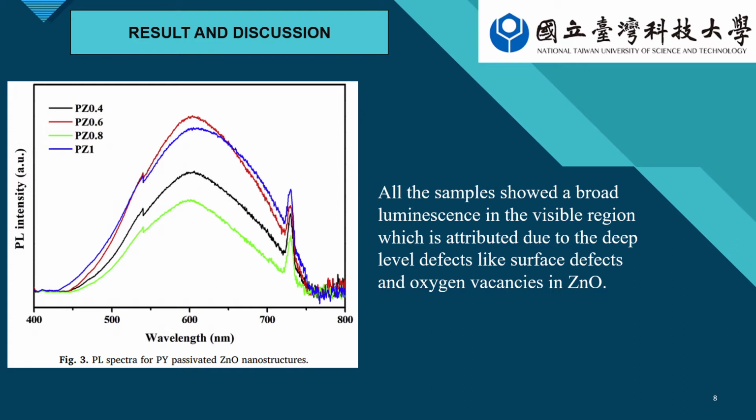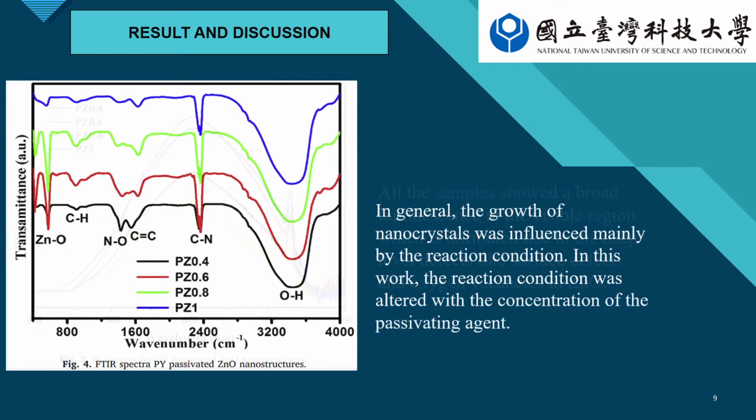Photoluminescence spectra for pyridine passivated zinc oxide nanostructure: all the samples show a broad luminescence in the visible region, which is attributed to deep level defects, like surface defects and oxygen vacancies in zinc oxide. The above result is apparent evidence that pyridine molecules efficiently passivated the surface of zinc oxide.